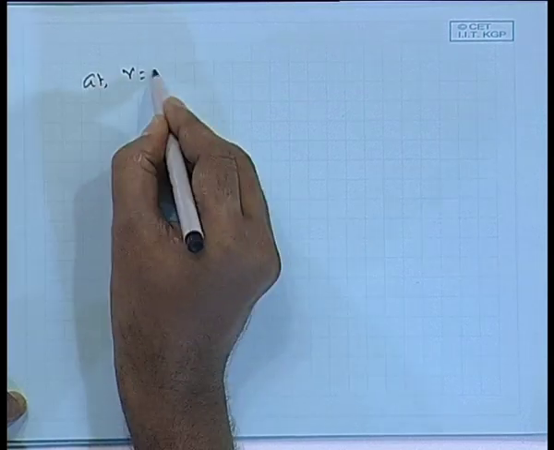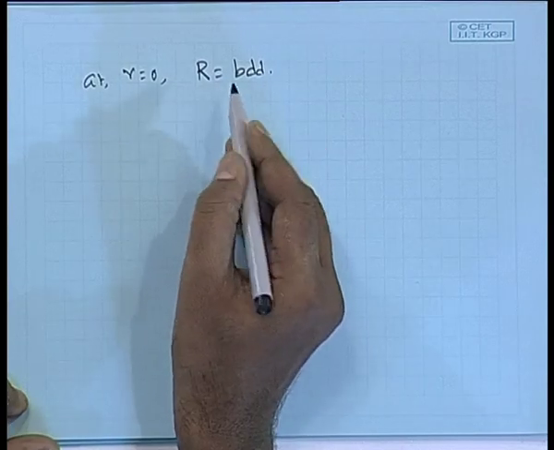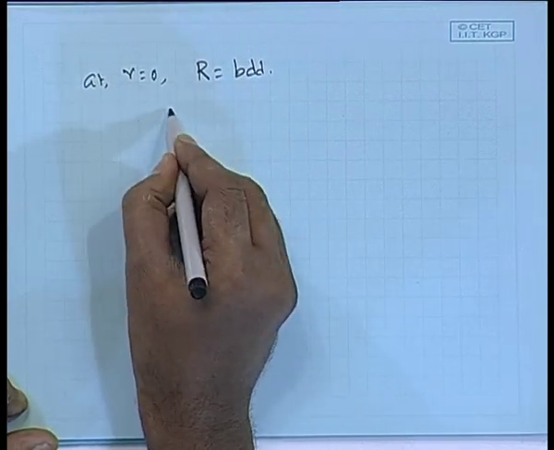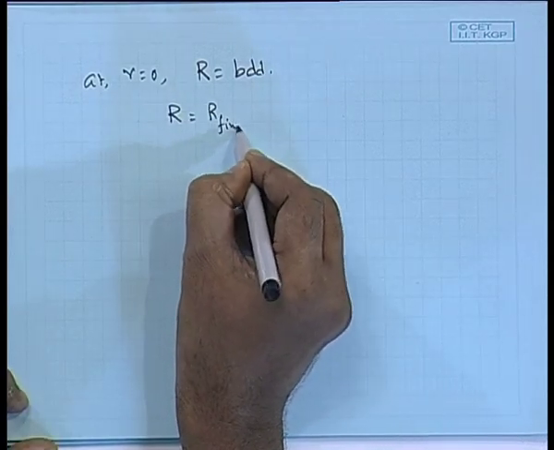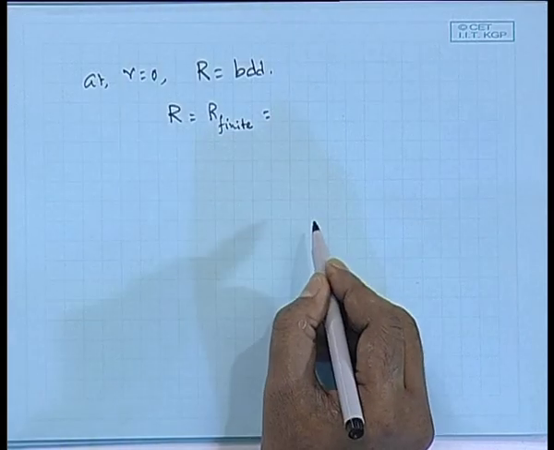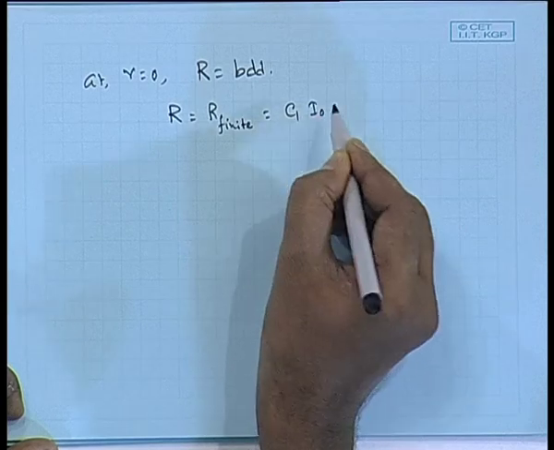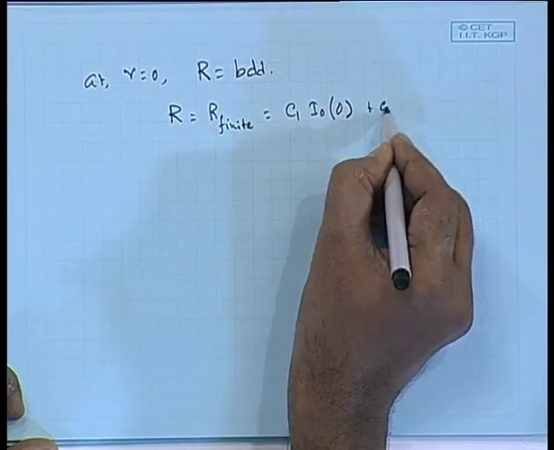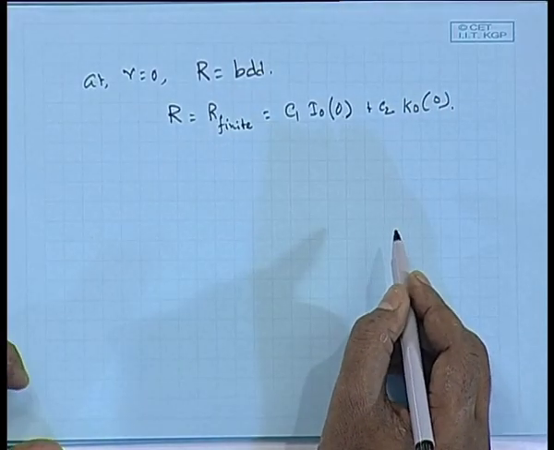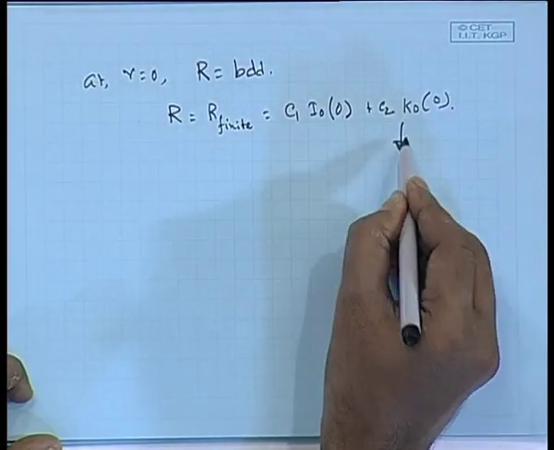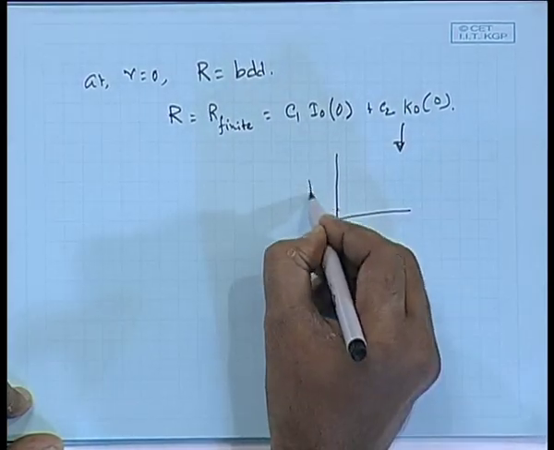At r equal to 0, your R is bounded. So, let us see what is that. Then your R becomes some finite value, let us say R finite. Bounded means it will be assuming some finite value. So, this becomes C1 I0(0) plus C2 K0(0), right. Now, this function K0 will be having a typical property. K0 varies something like this.